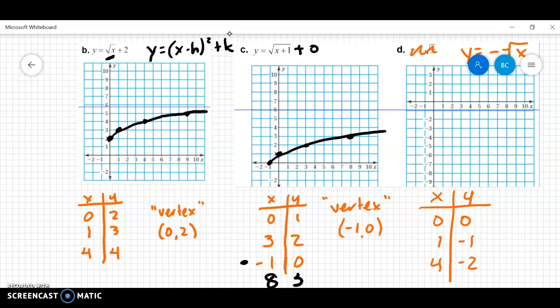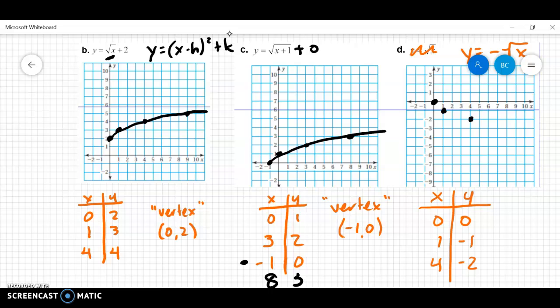On my next one, the same kind of situation. I'm going to plot some points. On this one, I've got 0, 0, 1, -1, 4, -2, and I am noticing that my function is the mirror opposite of the parent function, and that's what that minus is doing.